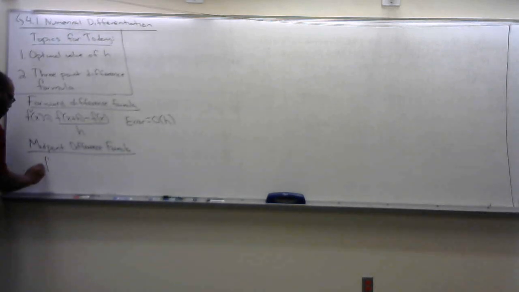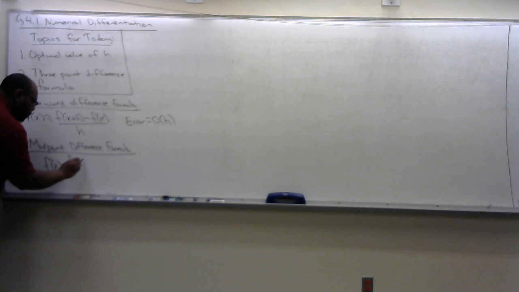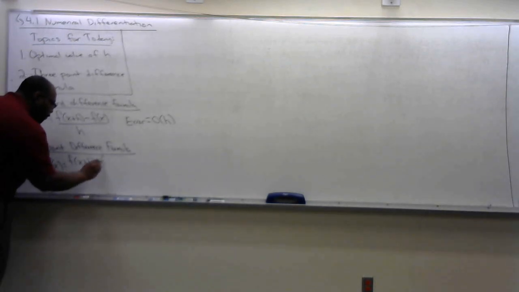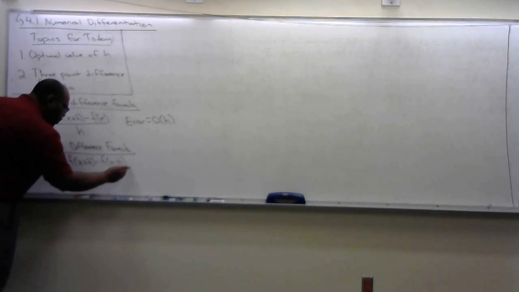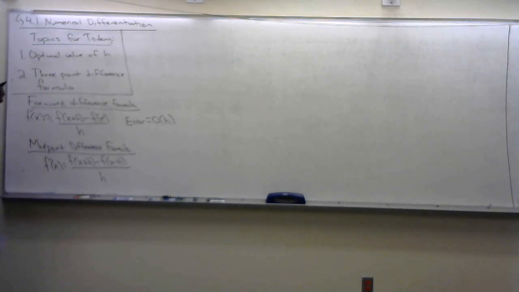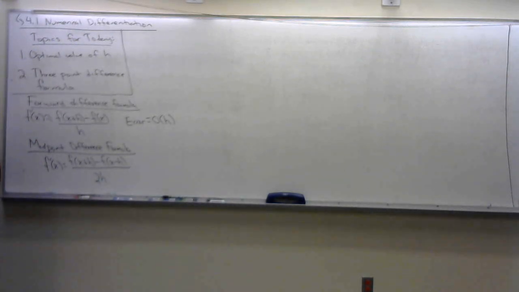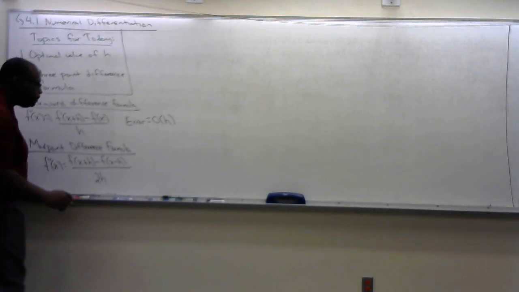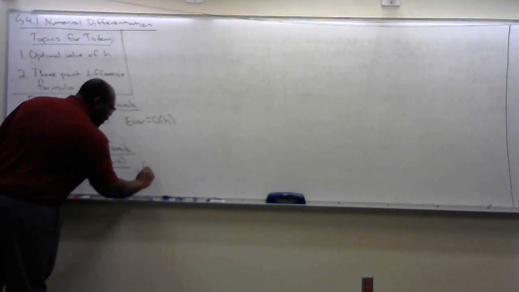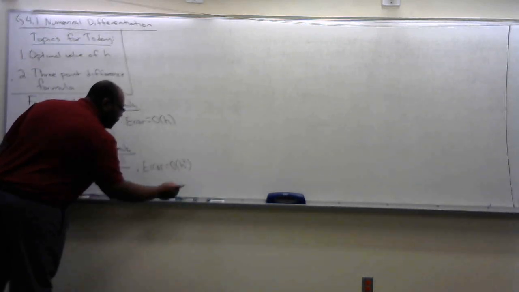And that was f prime of x is equal to f of x plus h minus f of x minus h divided by h, where we're evaluating at two different places, x plus h and x minus h. And this should be a 2h right here. And we found out that the error for this, you guys remember, I gave you the exact error, is essentially big O of h squared.